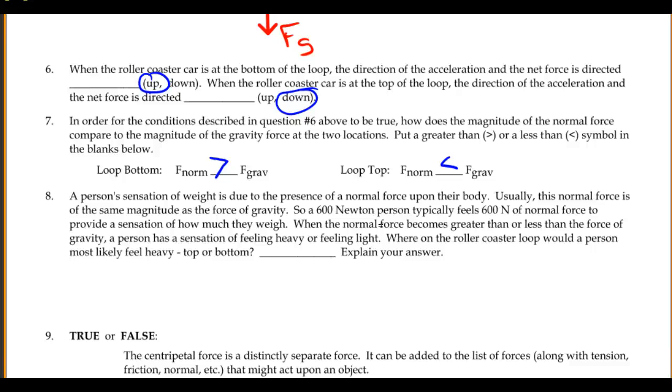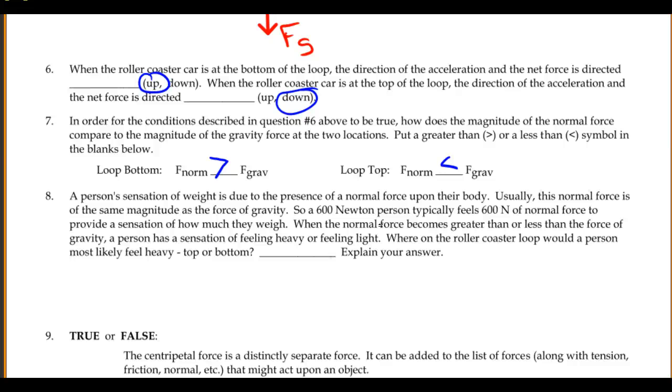Okay, and the reason for that, again, is number 8. Your sensation of weight is really not the force of gravity. It's the normal forces that you feel on you, the things that push on you because of that force. So if you weigh 600 newtons, as long as you're sitting still, you're going to feel that 600 newton normal force, whatever you're sitting on. But when the normal force becomes greater, then you have the sensation that you feel more.